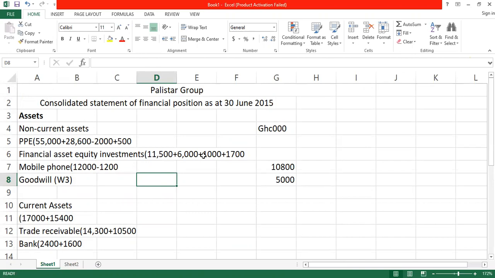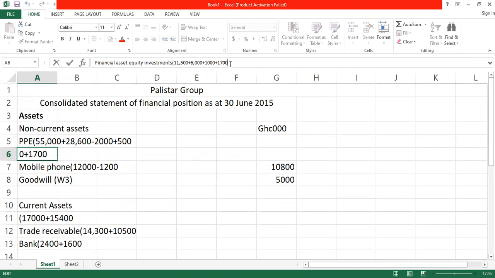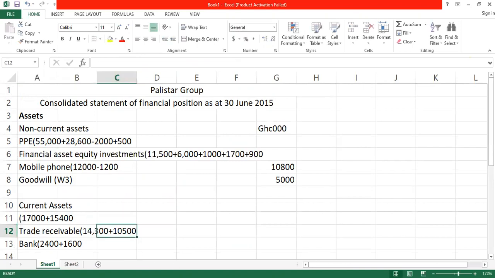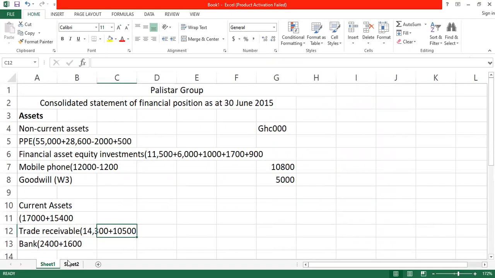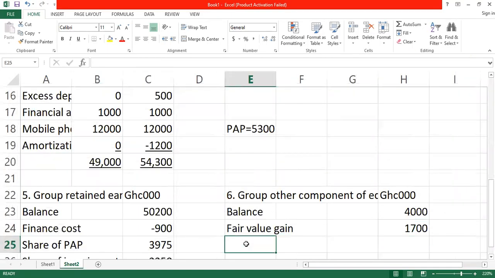But they are saying that at the end of the year, it is now what? 7,900. What is happening? It has increased by how much? 900. So this 900 is a gain, isn't it, for Stretcher? Who are the owners of Stretcher? The group. It is the parent and then the NCI. So that particular gain will be shared among the NCI and the parent.